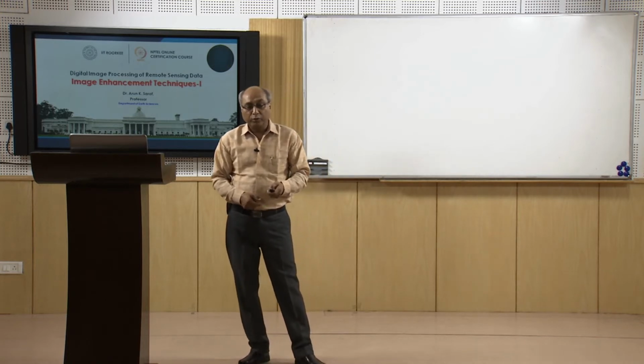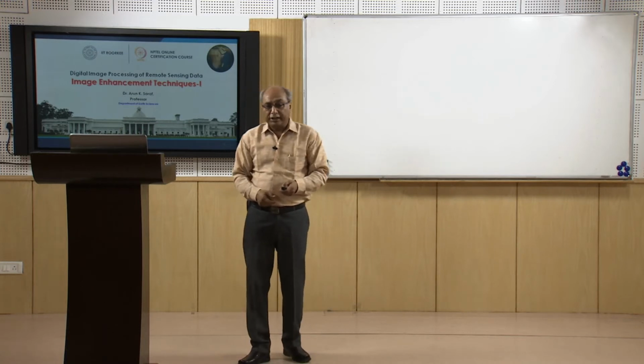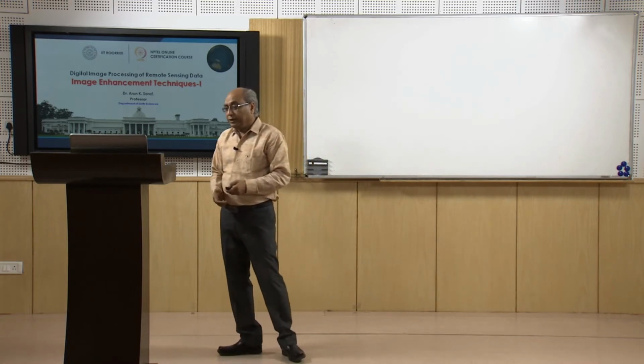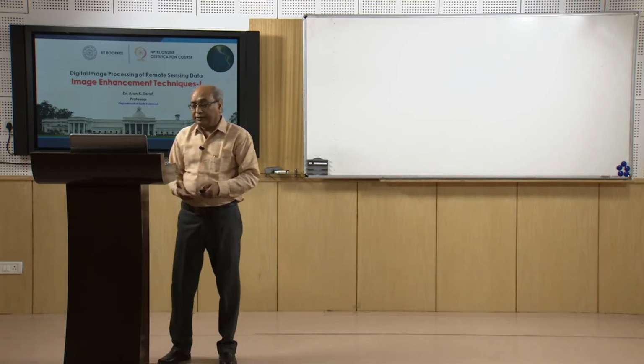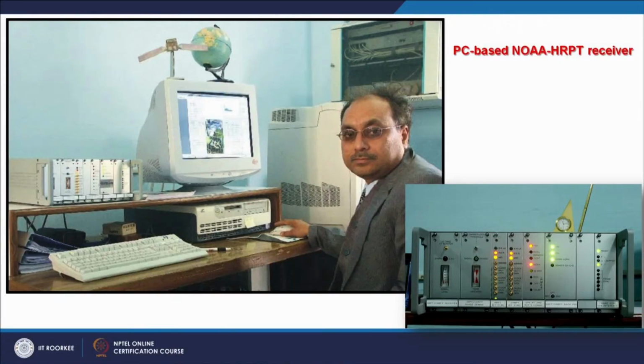The second component, the internal component of the earth station, is inside, and it is simply PC based, depending on the type of satellite. Nowadays it has become so simple that you can have a simple desktop computer and a receiver, also shown here in a larger form, and a software which controls everything.